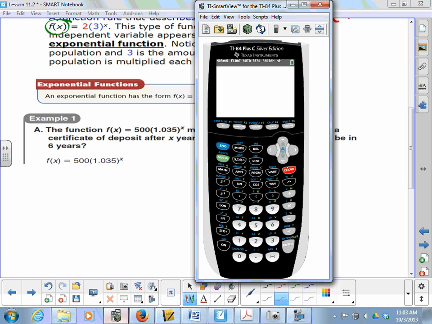We take our calculator, put in 500 times 1.035 raised to the 6th power for 6 years.